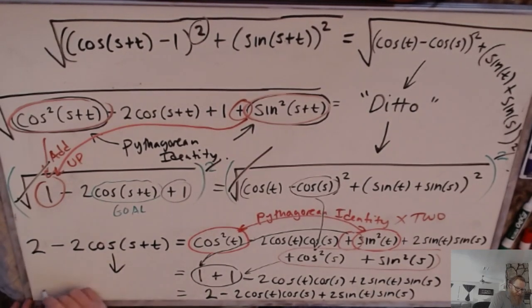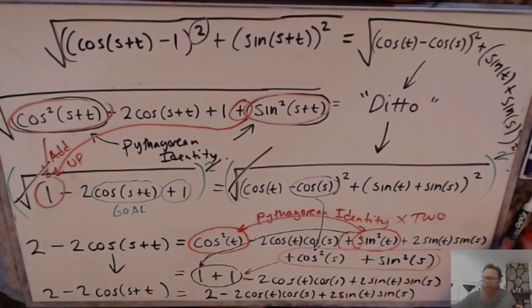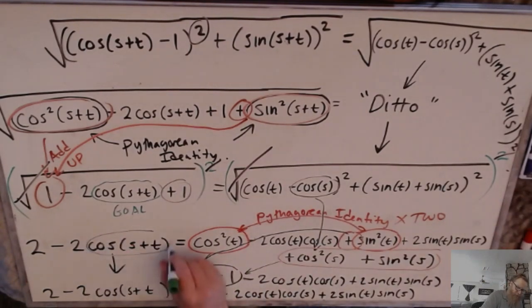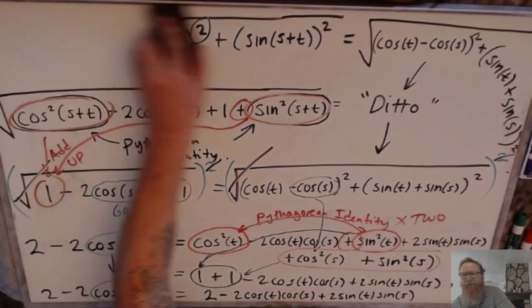And the left-hand side is just going to come down. Keep your mind on your goal. There's your goal. Your goal is to get the cosine all by itself.